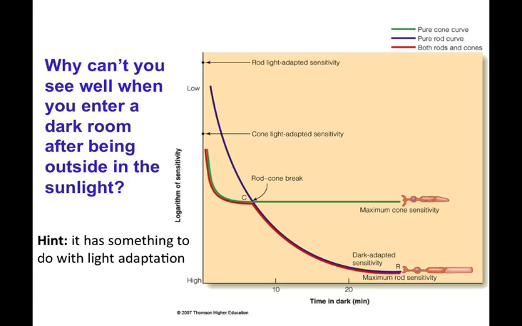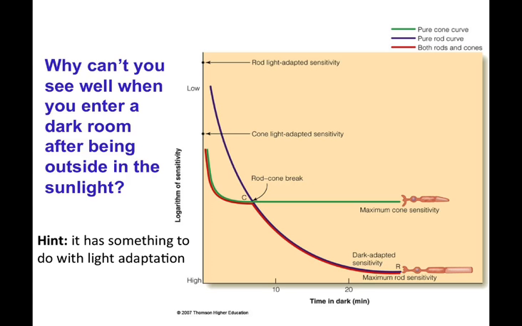Light adaptation is basically something about the retina that, if you learn about it, will answer the following question. The question that you should be able to answer for me is, why can't you see well when you enter a dark room after being outside in the sunlight? The reason I put this graph here is just to orient you to which section in the book will answer this question.